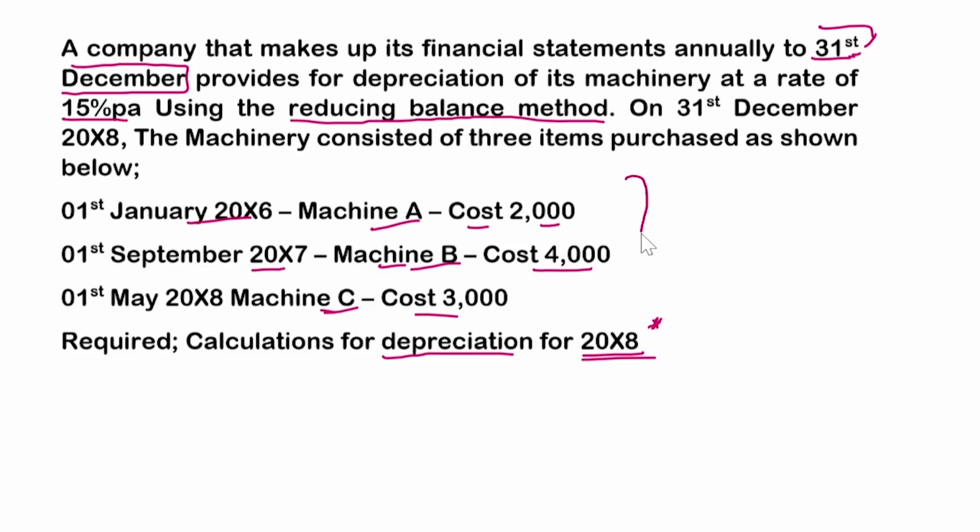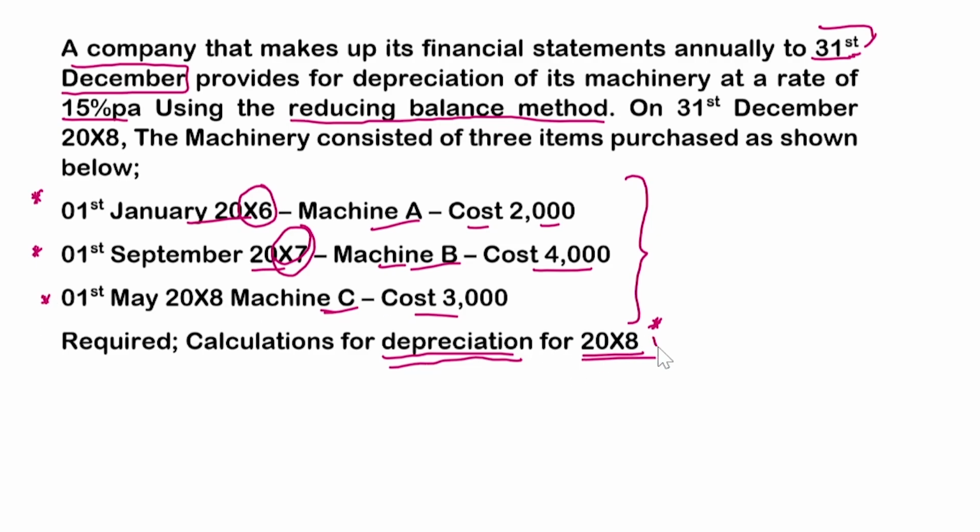But when we look at these machines, you realize that it begins from 2016, which is about 3 years behind 2018. So to get the correct depreciation for 2018, we are supposed to start calculating depreciation from 2016, then calculate the depreciation for 2017, and then for 2018.